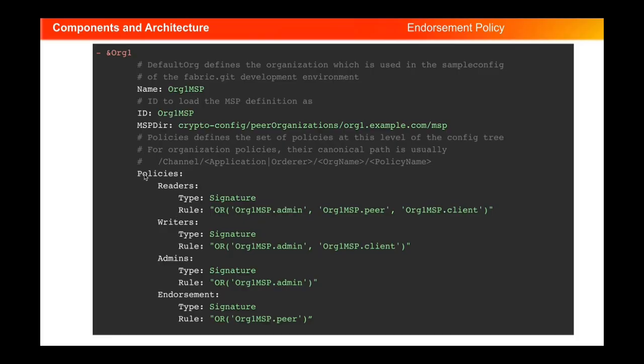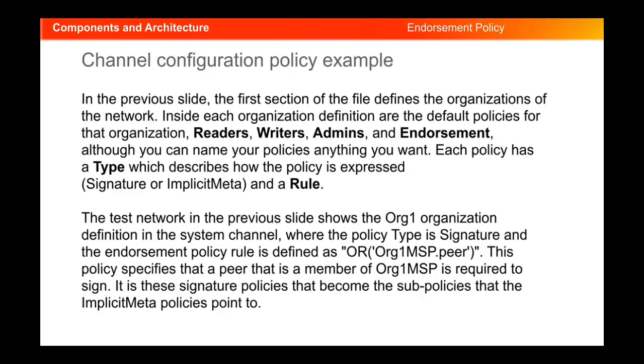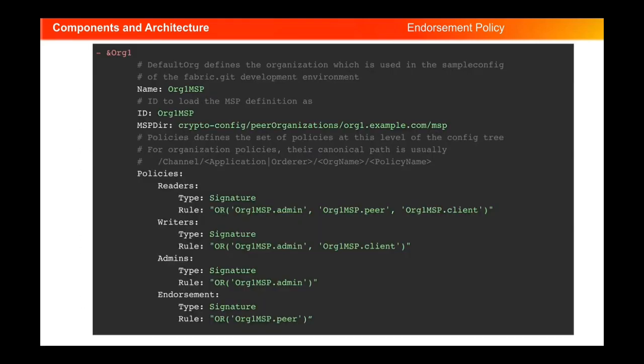As you can see, in the policy section you have readers, writers, admins, and endorsement. Here you will find the rule, and here you will also find the type of the rule. For the time being, we have taken an example of a signature rule.